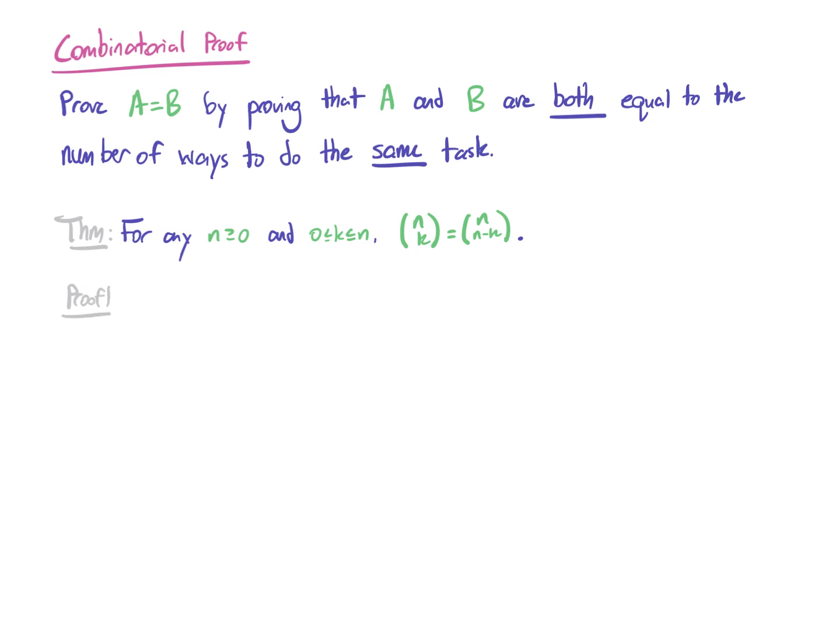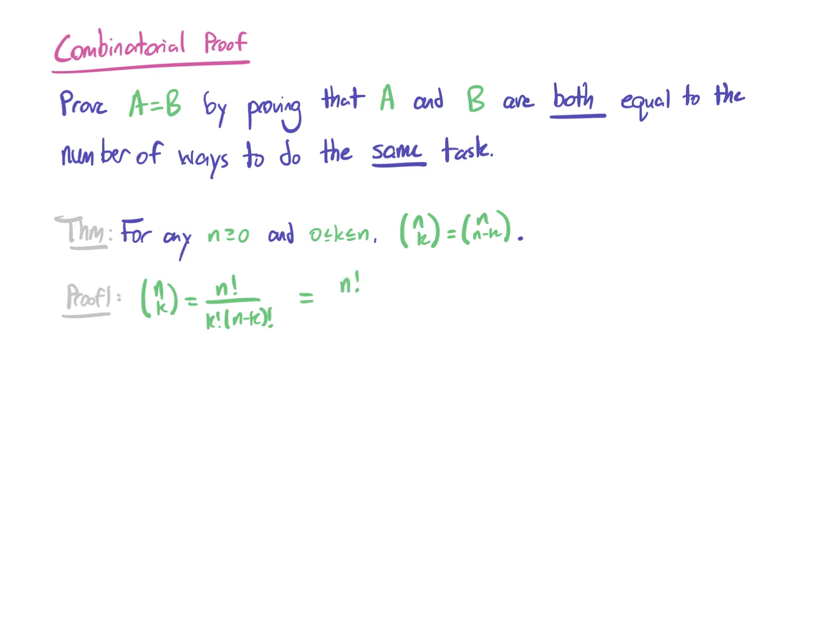Let's do one proof first that is just pure algebra. Here's n choose k. By definition, that's equal to n factorial divided by k factorial times n minus k factorial. And I'm just going to rewrite the bottom a little bit.